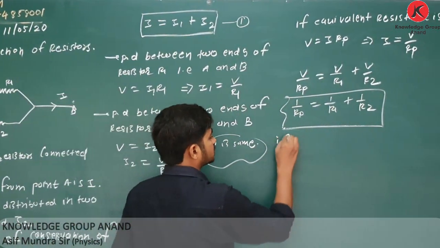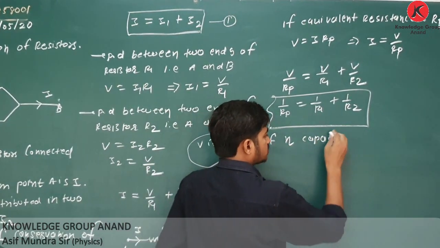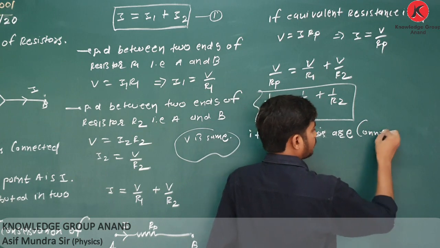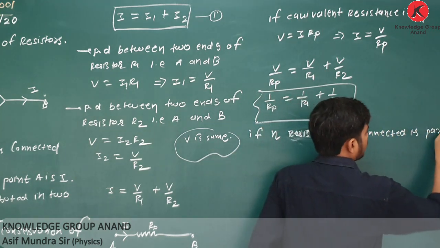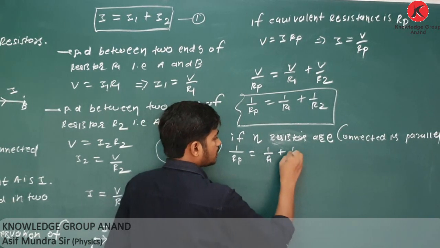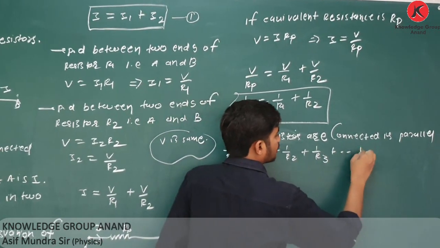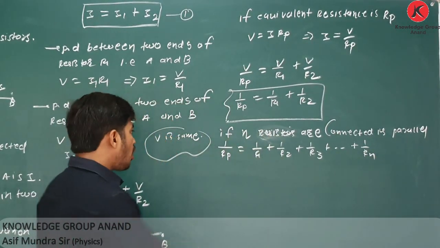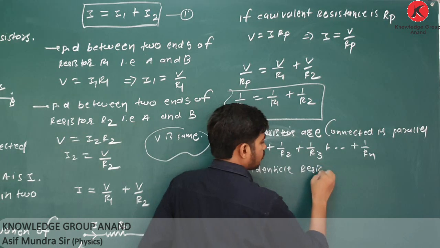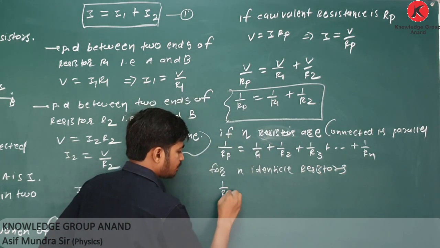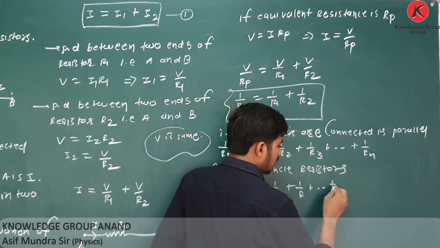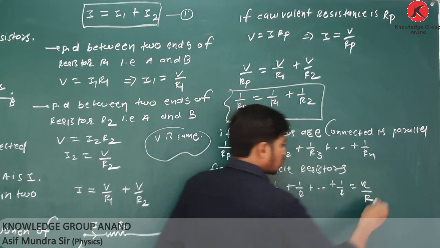Now if you are given n resistors connected in parallel, then what is the equivalent resistance? 1 upon RP is equal to 1 upon R1 plus 1 upon R2 plus 1 upon R3 plus so on. For n identical resistors, 1 upon RP is equal to 1 upon R plus 1 upon R plus 1 upon R plus so on, which means it is n upon R. So what is RP?